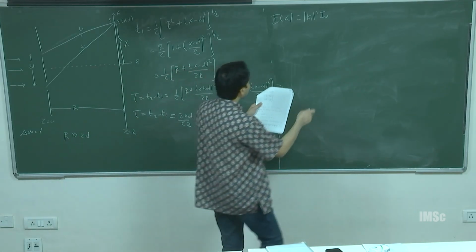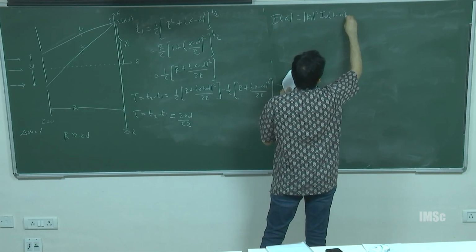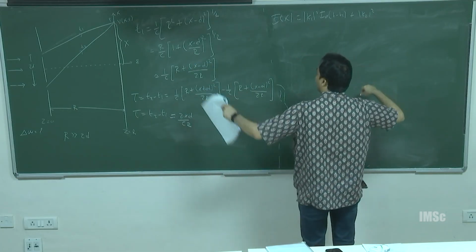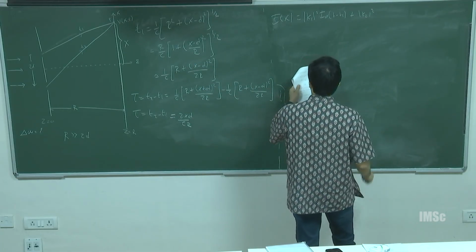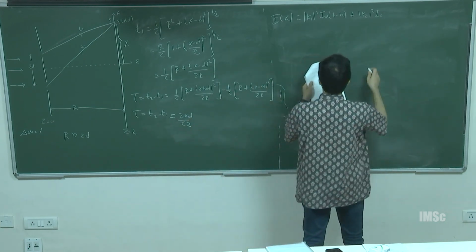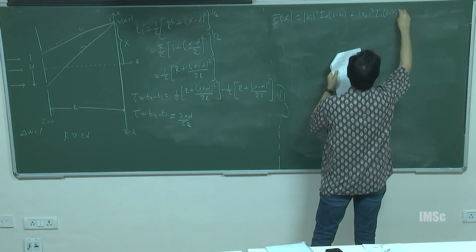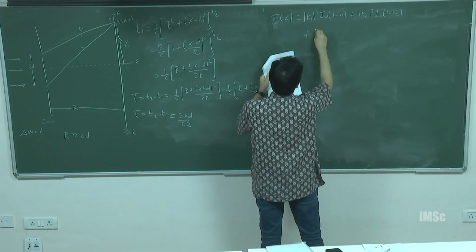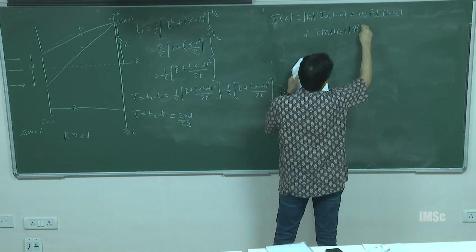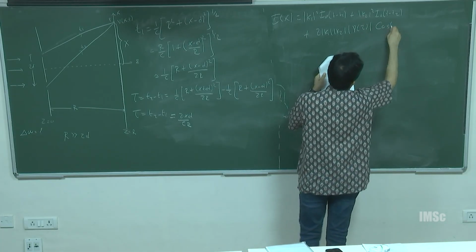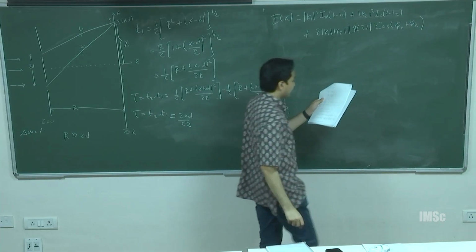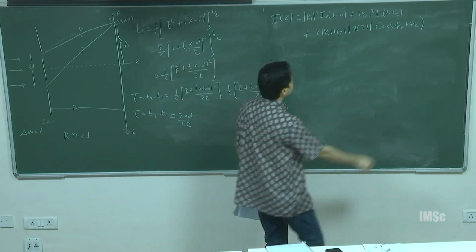So the intensity, once again we are just writing down the general formula for intensity in Young's double slit setup, because we just want to put in the value of tau explicitly. So this is the standard thing.